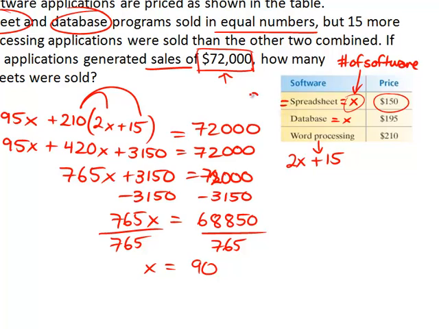So spreadsheet software was 90 of those. So let's just do it here. Spreadsheet software was 90. Database software was also 90. And word processing was twice 90 and 15 more. So 2 times 90 plus 15 gives us 195. Guess that's the popular one.